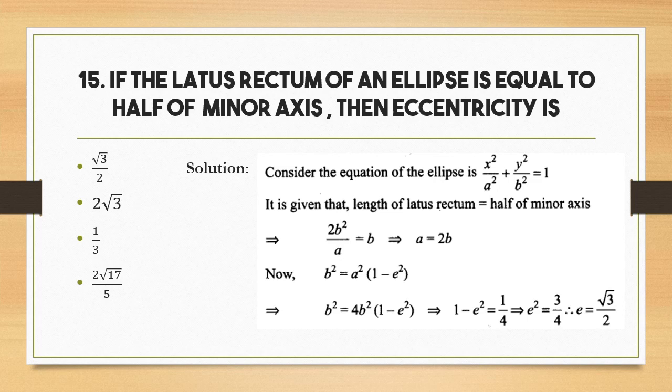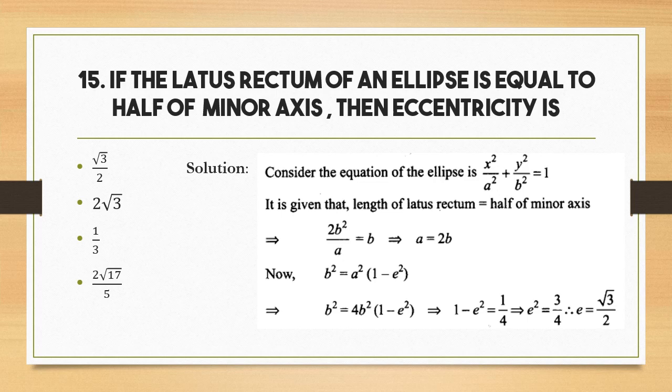Again I will use this formula. Just now I told you how I derived this equation, that b square equal to a square times 1 minus e square. I wrote it based on the eccentricity formula, because b square by a square equals 1 minus e square and e square equals 1 minus b square by a square. Now what I have done here is, b square equal to, we know that a is 2b, so I wrote a square as 4b square, times 1 minus e square.